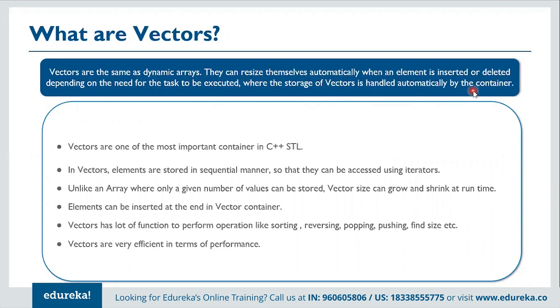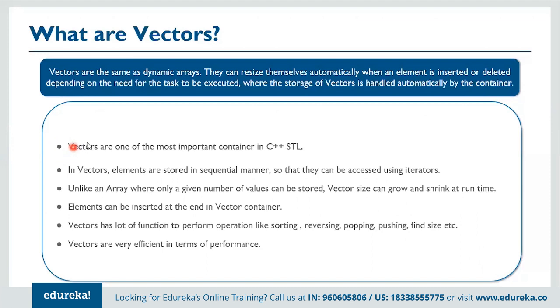This statement clearly states that if you insert a value in the vector and it does not have enough space to hold that element, the vector will be resized, or let's say increased. Therefore, as you have seen, it is dynamic in nature. If you delete an element, it can shrink in size. If you need to add more elements, it will increase in size.